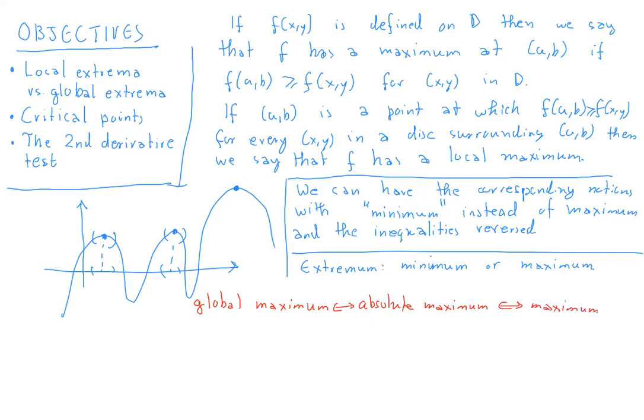In some sense, global and absolute is an emphasis on the fact that it covers the whole domain of definition. Whereas for local, there's also the term relative, which can be used in an equivalent way.